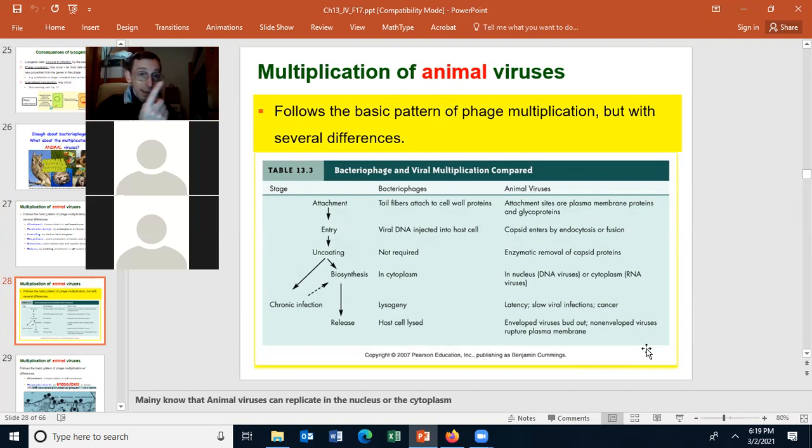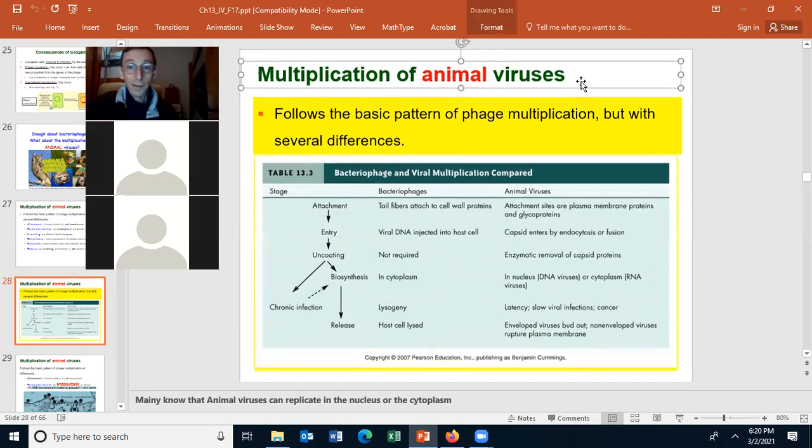Bacteriophages can only replicate in the cytoplasm, because that's all there is in bacteria, the cytoplasm. But animal viruses can replicate in the nucleus or in the cytoplasm. And we'll talk a little bit more about that in our next lesson. Are there any question about animal viruses, or any question about bacteria viruses at all?